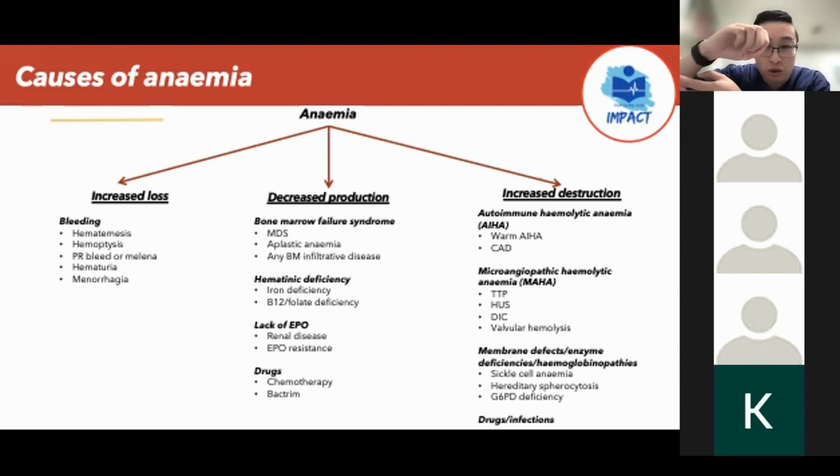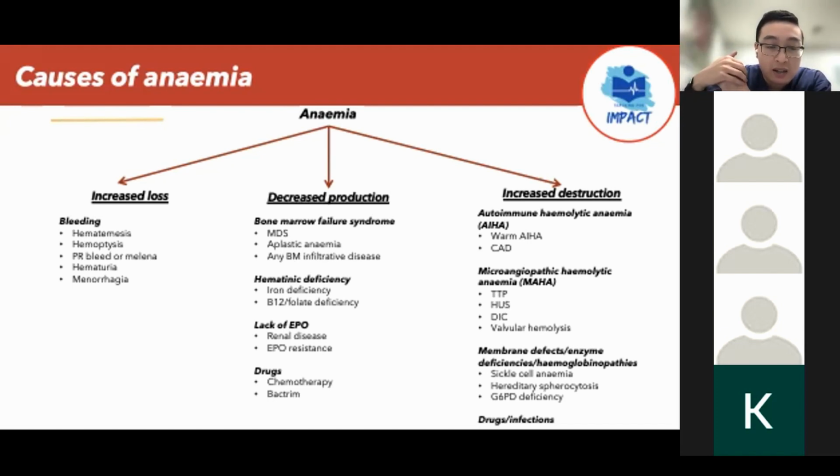And then when the red blood cells traverse through this platelet-rich thrombi, they get shredded up, and that results in red blood cell fragmentation. And red blood cell fragments is what we call schistocytes. So you'll commonly see schistocytes on blood film, and that causes the microangiopathic hemolytic anemia.